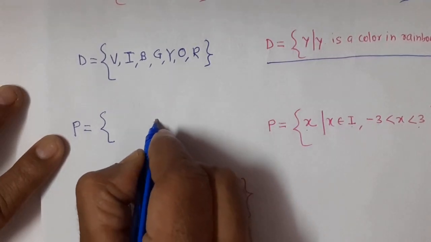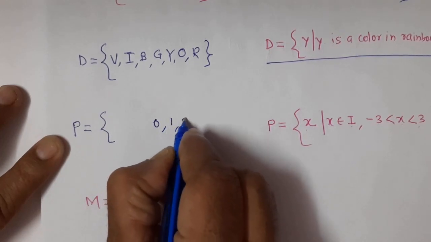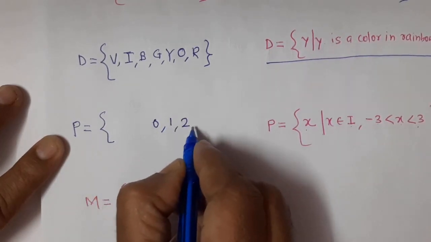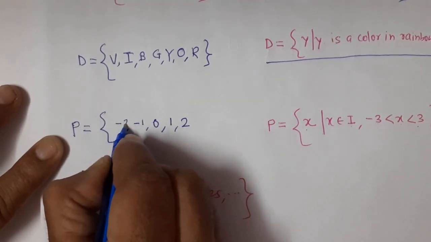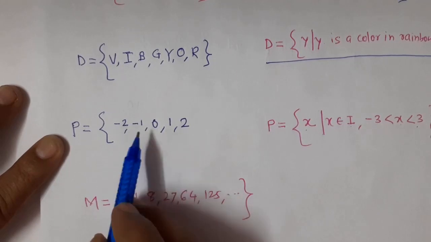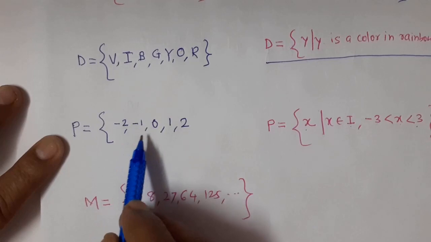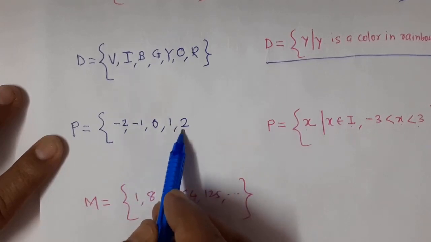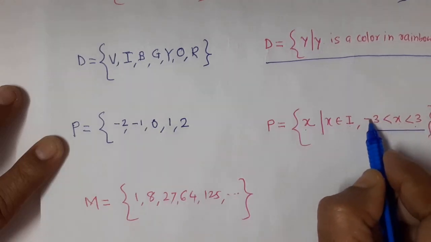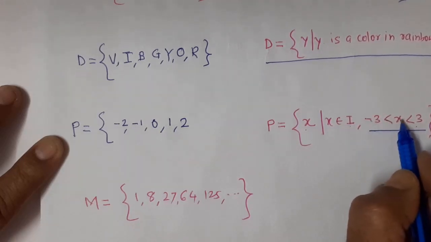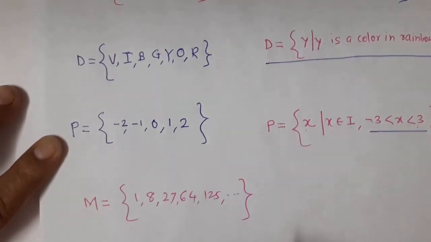First of all, here is 0 on the number line, then 1, 2; it is less than 3, that's why up to 2, and here -1, here -2. Okay, so the set P comprises -2, -1, 0, 1, 2, because x is greater than -3 and x is less than 3. That's why we have written it like that.